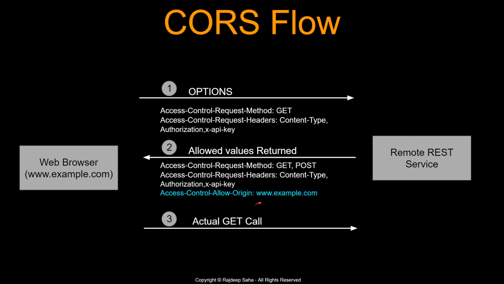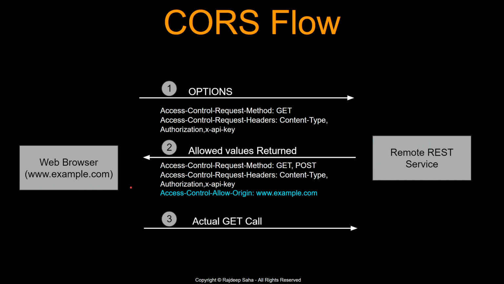It is going to get www.example.com, which is not the origin, because the origin in this case will be www.moreexample.com, and when it tries to do the actual GET call, it's going to fail. So in this case, this remote service can only be called from www.example.com.